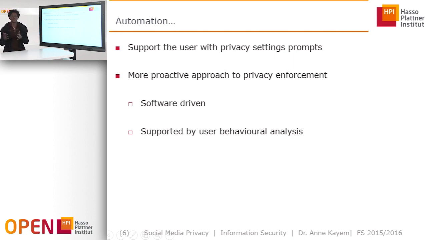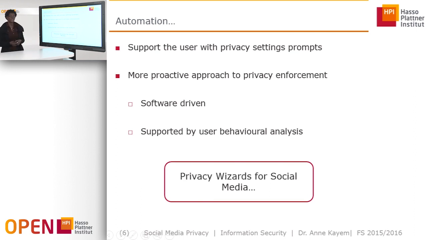So for example, on Windows platforms or on other operating systems, you have cases in which you're prompted to take decisions or to answer questions, and that is pretty much what we hope for in privacy automation: that we will come to a point where you can define your profile and we can ask you what things you want to protect, and progressively, by asking you these questions, build a picture or a map of what it is you would want, and drive this in terms of software and support this by behavior that is similar to yours, looking at both your profile and that of other similar users.